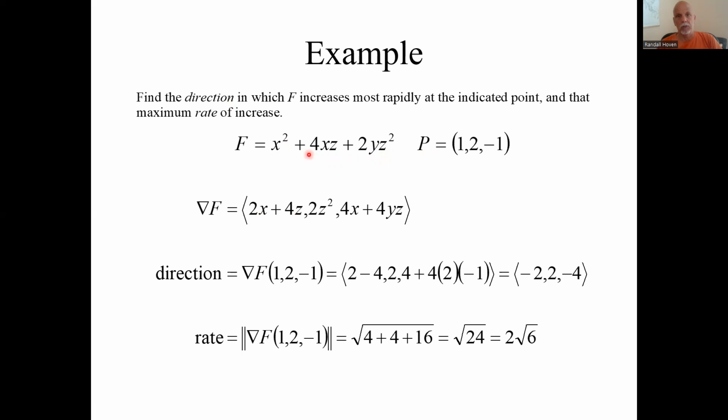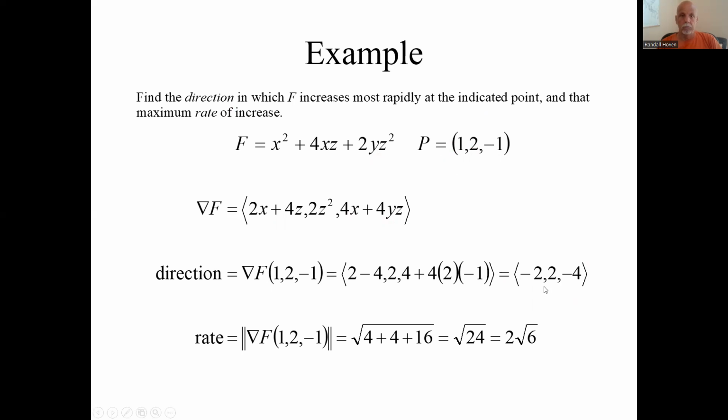The z part is going to be 4x plus 4yz. Now evaluate it at the point given. So I plug in 1 for x, 2 for y, and -1 for z. Do the arithmetic, and get this vector. This is the direction in which f increases the fastest.